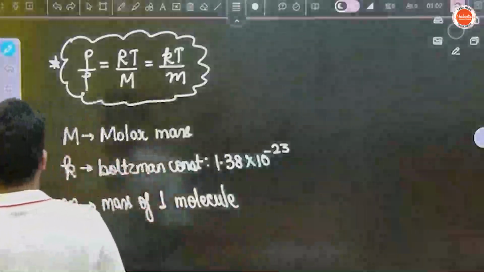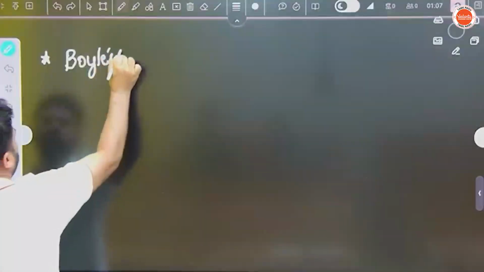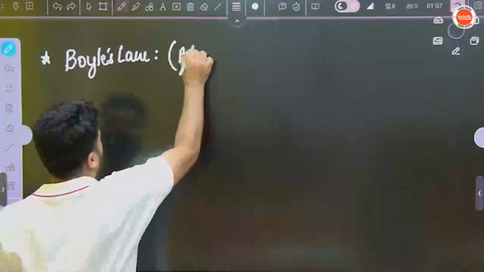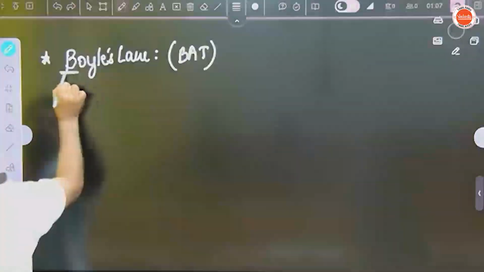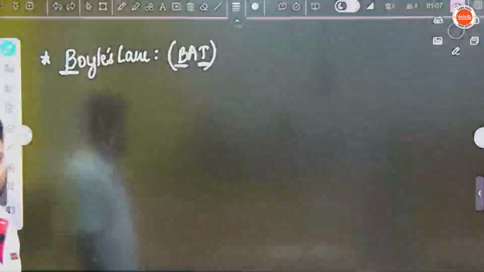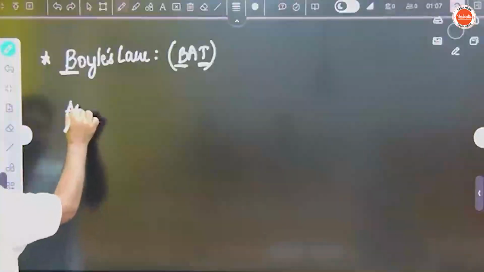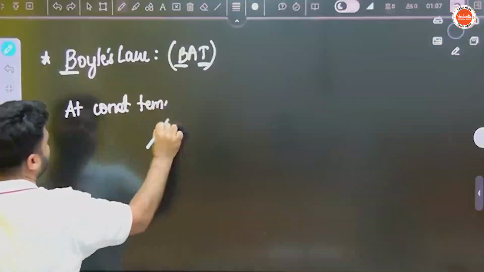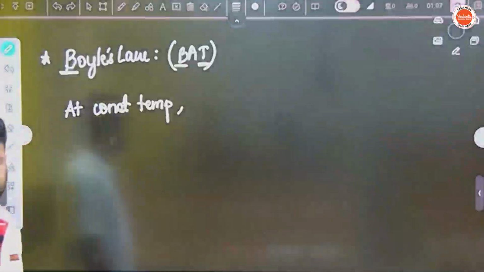Then we have some laws, like see, Boyle's law. You remember the word BAT. Why I am telling? B for Boyle's law and T for temperature. What it says: at constant temperature, correct?